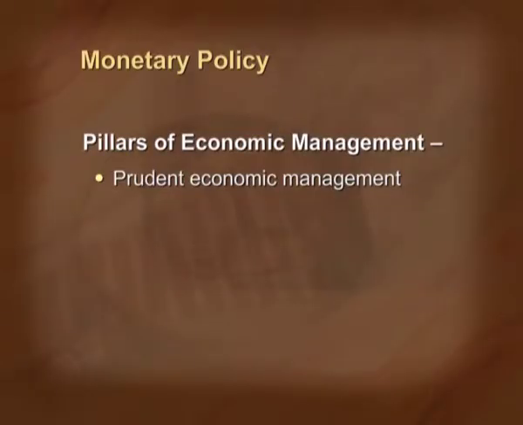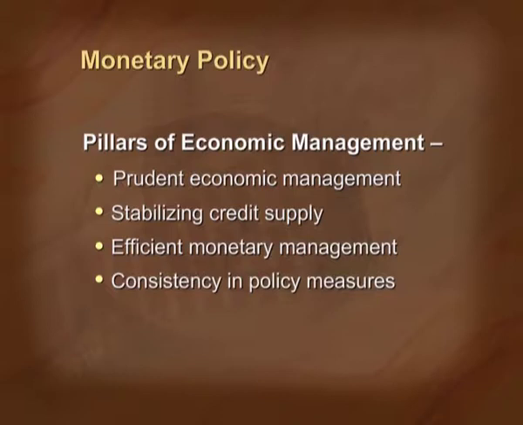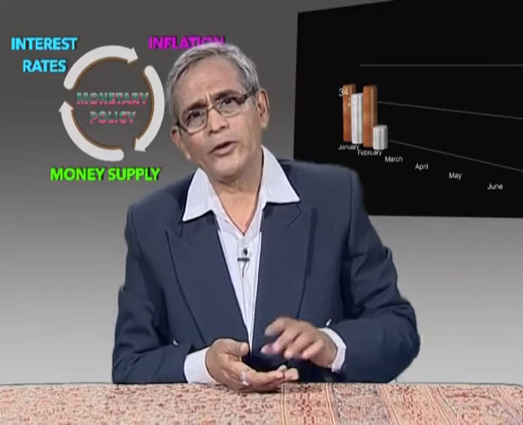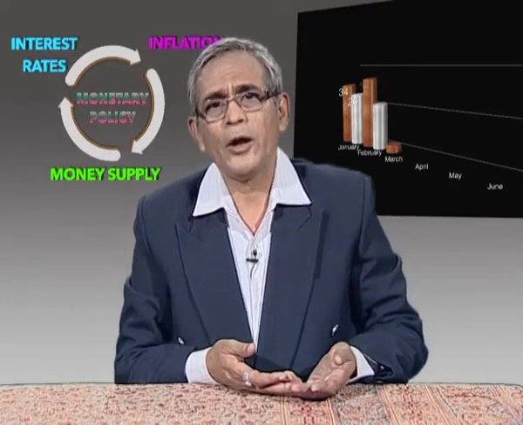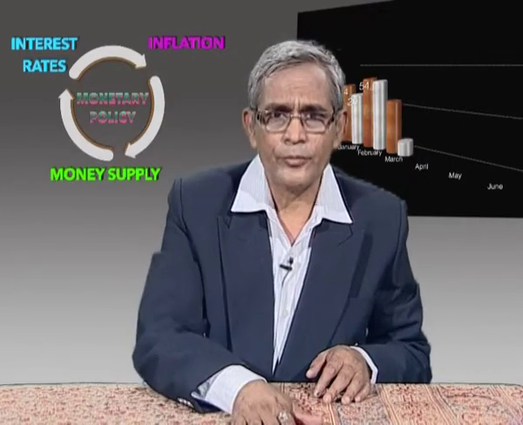The prudent economic management, stabilizing the credit supply, efficient monetary management as well as consistency and policy measures are the four pillars of sound economic management. Central bank effectively performs these functions by applying various systems, policies and mechanisms.